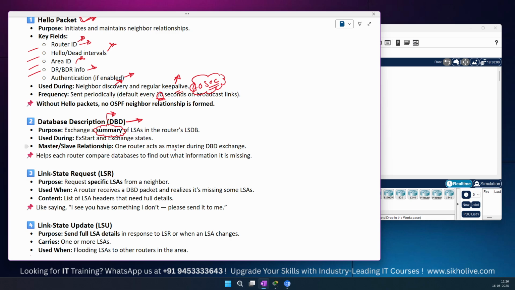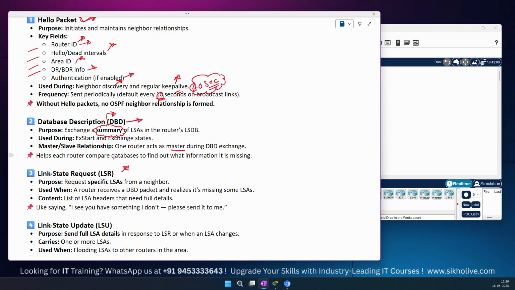One router acts as a master during DBD exchange, maybe like the monitor of a class. The master router maintains all the details and helps each router compare databases to find out what information it is missing. Then next thing is link state request.